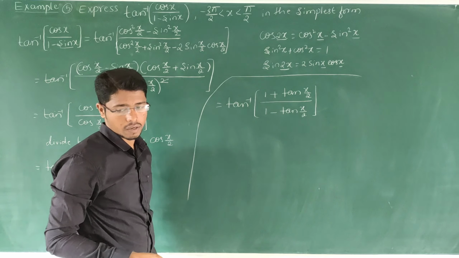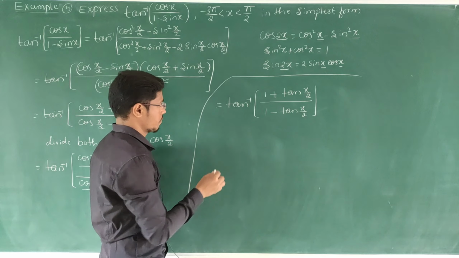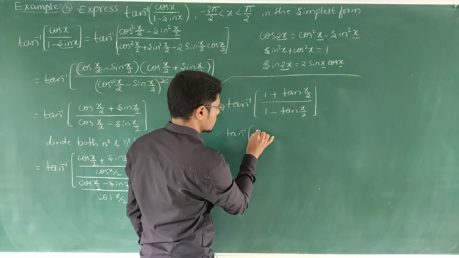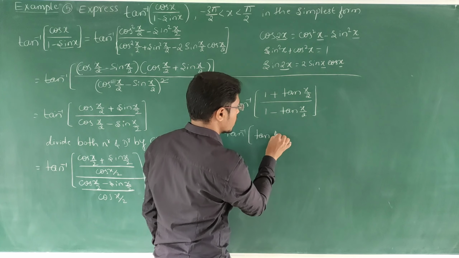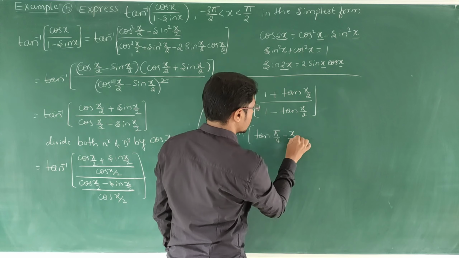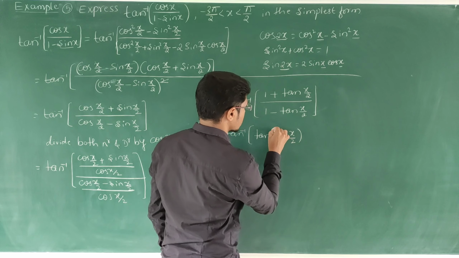Then this is equal to the tan inverse of tan of pi by 4 plus x by 2.